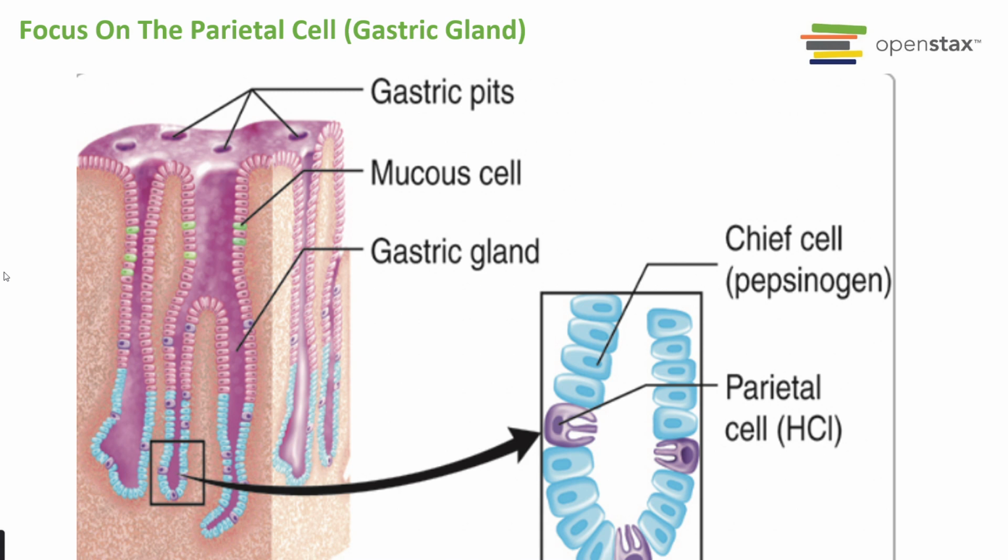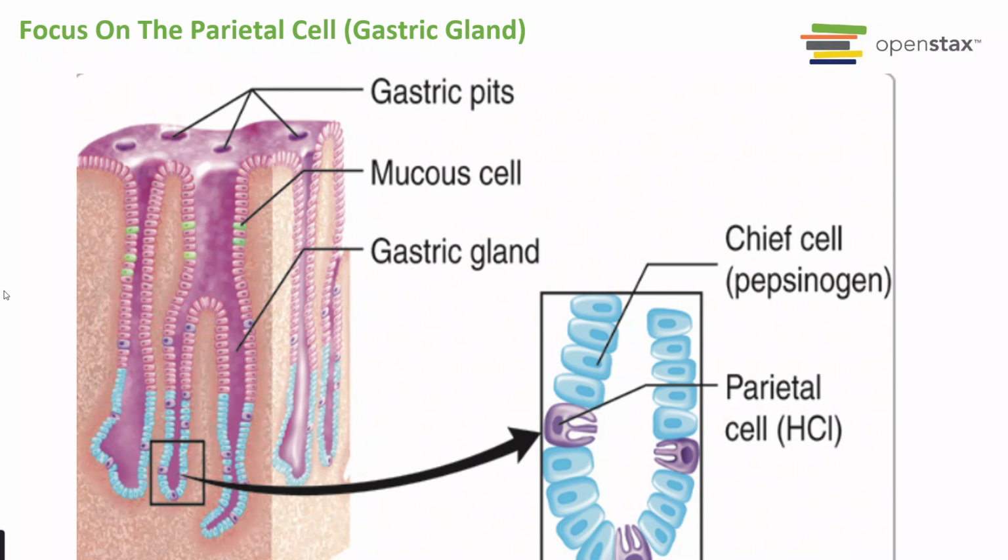And lastly, just to highlight, there is a proton pump, also known as an ATPase type pump, which secretes hydrochloric acid, which you can see at the level of the parietal cells, into the gastric lumen.